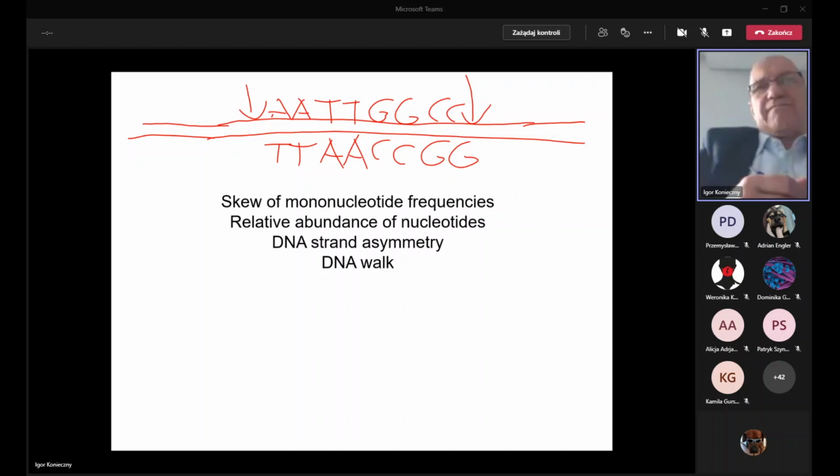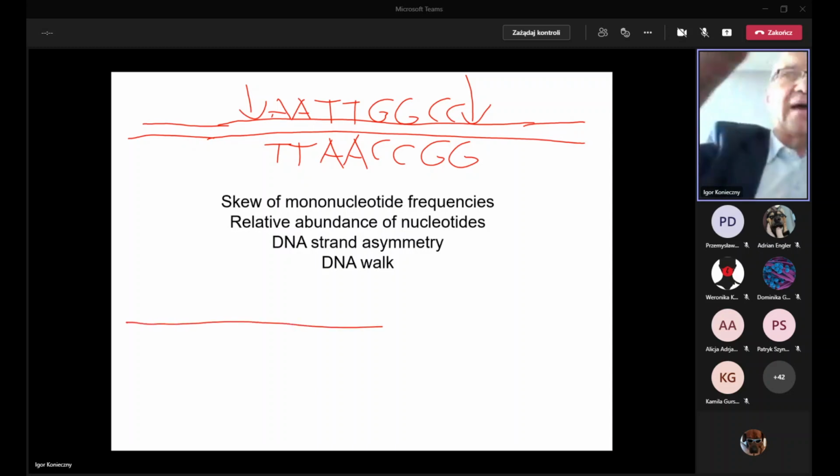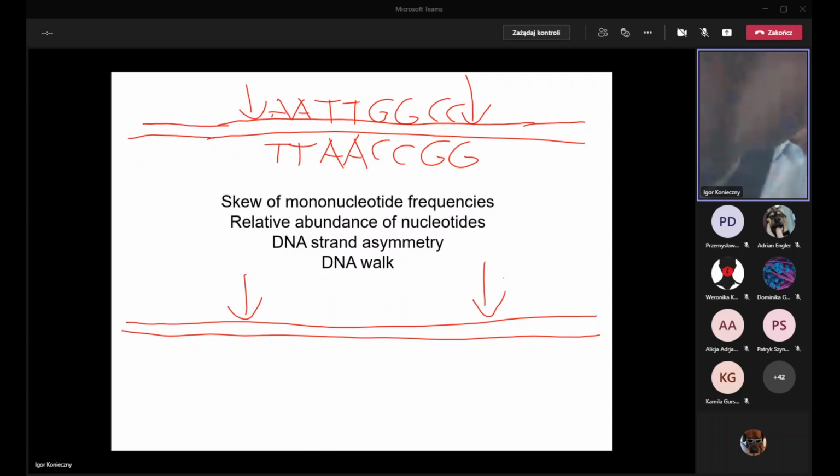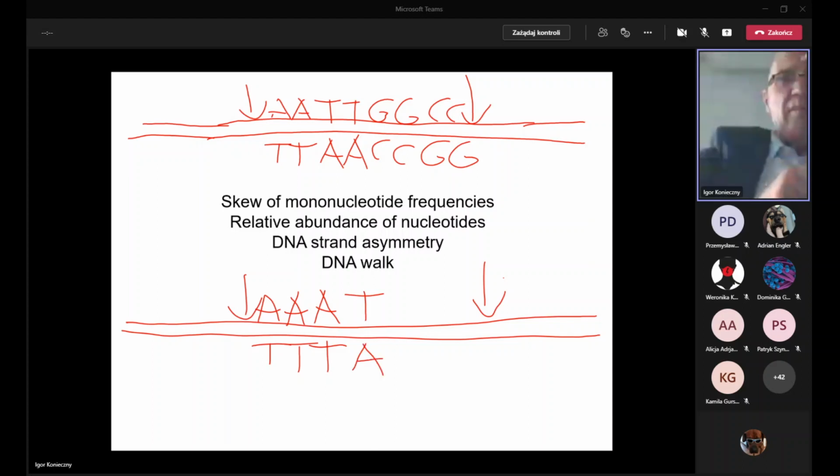But it was found that this is not the case in the chromosomes. So if we would take the DNA fragment and then do this analysis in particular parts, in one part we will have A, T, T, T, but only one T on the top and then only one A on the bottom.